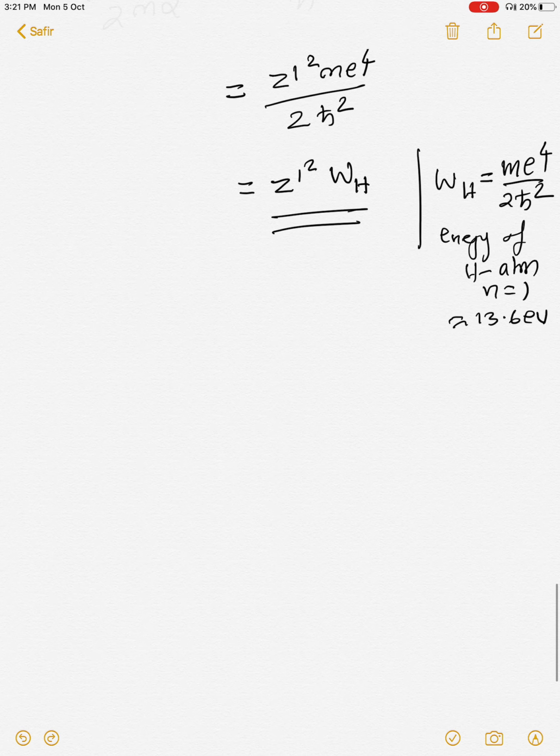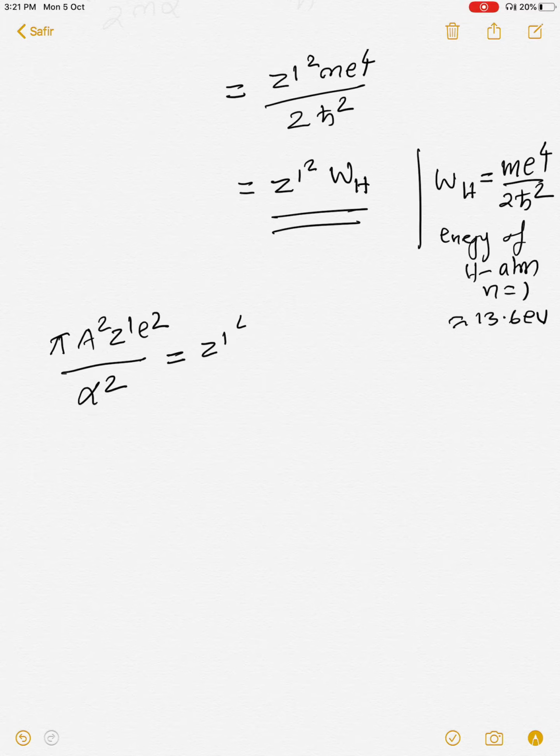I am going to find pi a square z prime e square by alpha square. The same way, I am going to substitute all these values here.